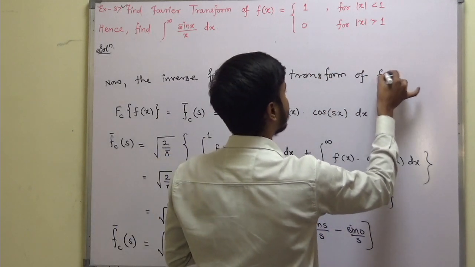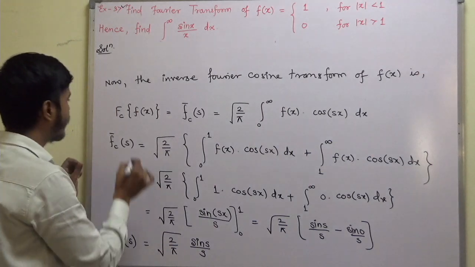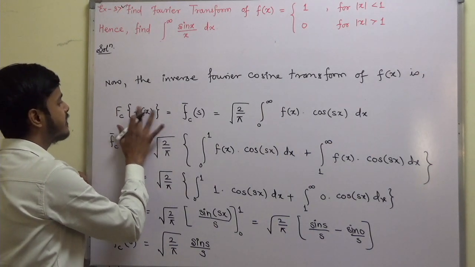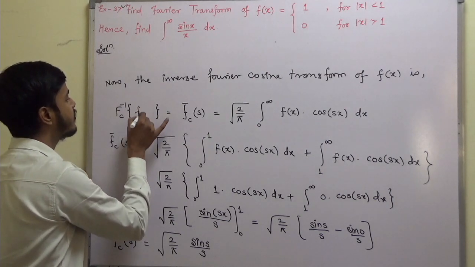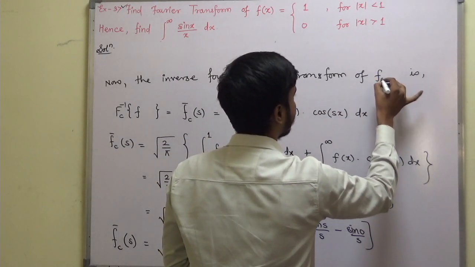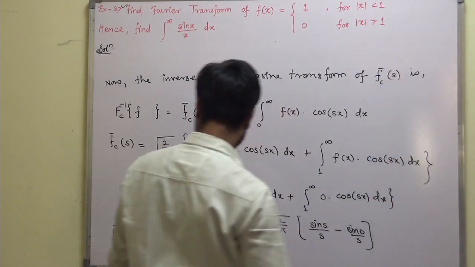of f of x is, what is it? It is the Fourier cosine inverse of, not f of x, I'm so sorry, of fc of s.